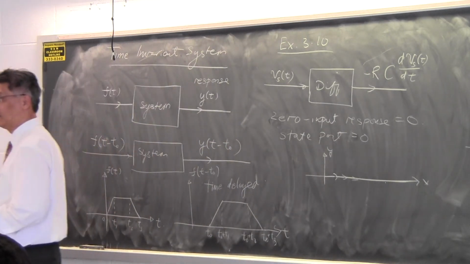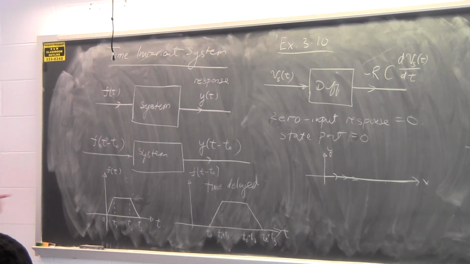So if you time delay an input signal, the output is just going to be time delayed. That's what it means. It means that the system has not changed over this time period when you let it rest there. If we have a time varying system, it would be bizarre, right? If you have an amplifier that works differently a minute later, you wouldn't want to use it.